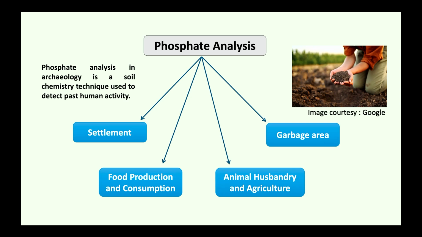We can trace the food production and consumption areas, and the animal husbandry and agricultural practices of that time. So phosphate analysis is very important to reconstruct the past settlement of a particular region.